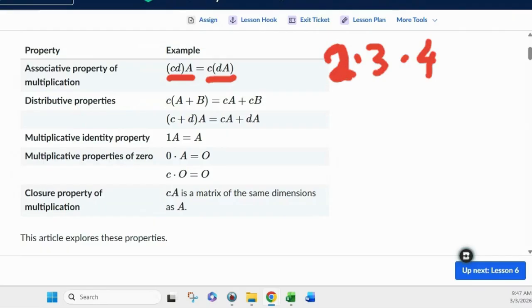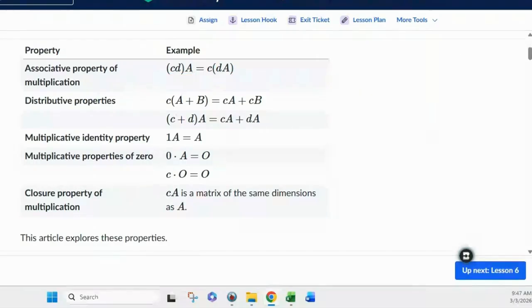It doesn't matter if I multiply 2 times 3 together first or 3 times 4 together first. Either way, I'll get 24. Right. Doesn't matter which way I group that. 12 times 2 or 6 times 4. So this makes sense.